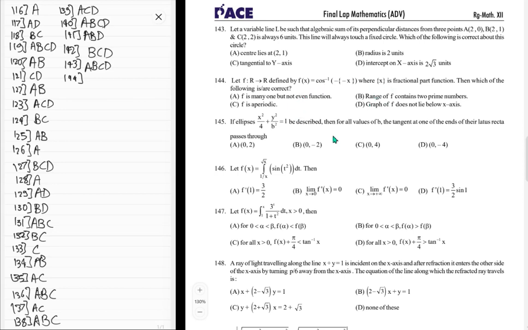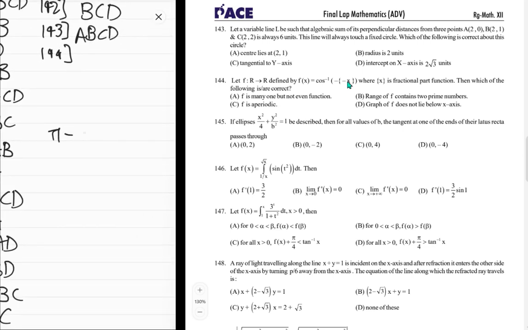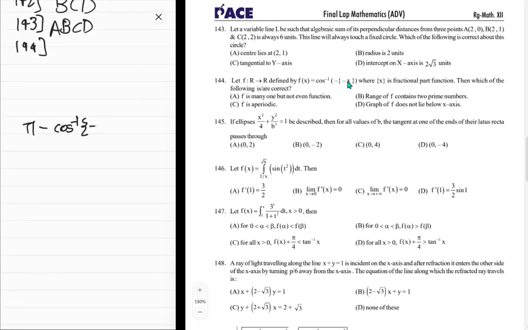If you put negative x in it, what is the fractional part of negative x? Fractional part of anything is always positive and less than 1. That just means this is pi minus cosine inverse of the fractional part of negative x, right?